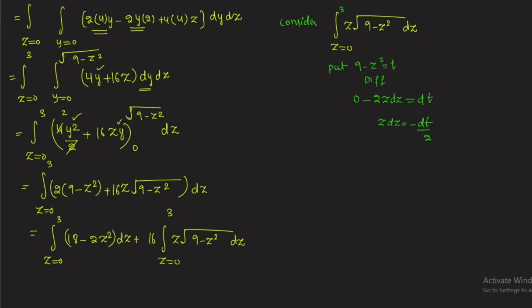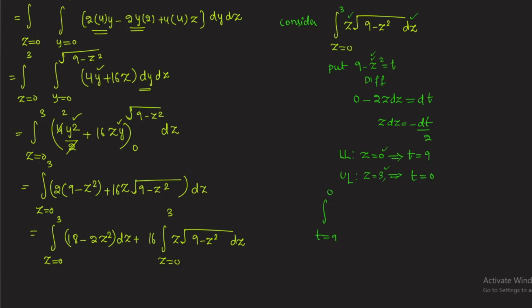Now the lower limit is z equal to 0. Substitute this z value here, t becomes 9 minus 0 square, it will become 9. Now the upper limit is z equal to 3, put 3 in place of z, 9 minus 9 will become 0. So we got integration t equal to 9 to 0.